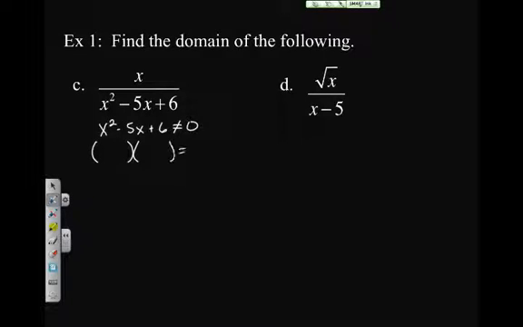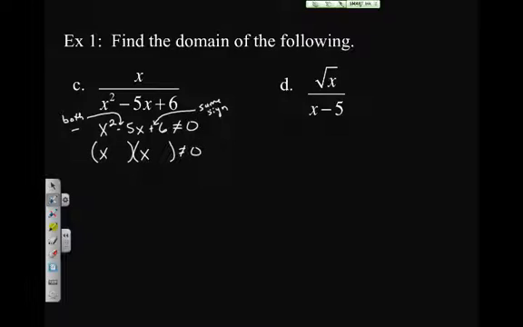Fortunately, this is one of our easy factoring ones. We just put an x in here, an x in here. We look at this sign, remember, and that tells us both of these signs are the same. Then we look at this one, and since we know they're the same, they both have to be negative.